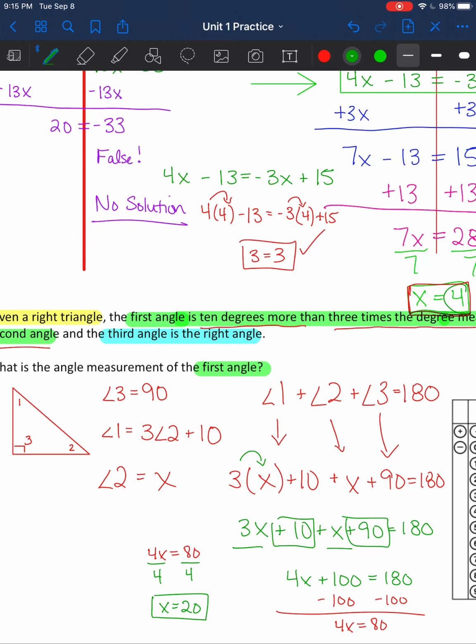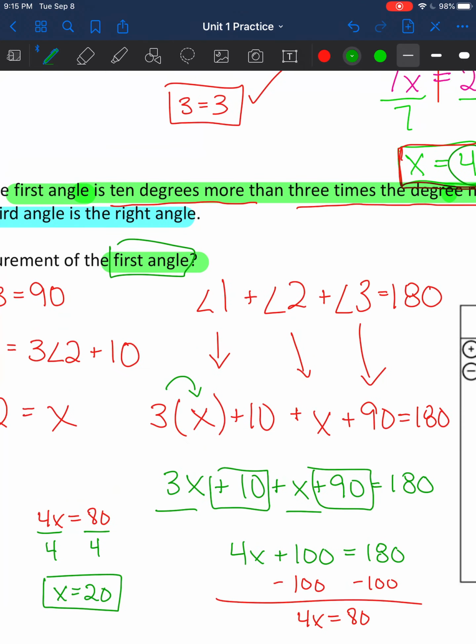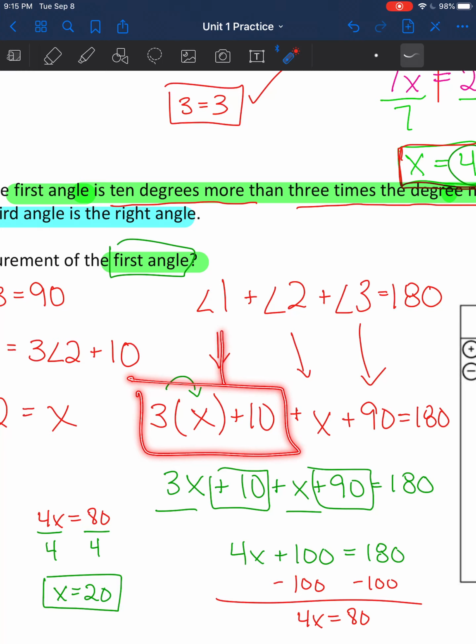Now I can use that to find the measurement of the first angle. That's what the question's asking. So since x is equal to 20, if I'm looking at this relationship here, remember that is equivalent to angle 1 based on this information over here. So I know angle 1 is 3 times x plus 10.